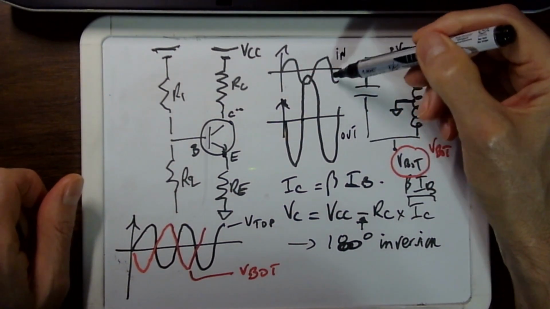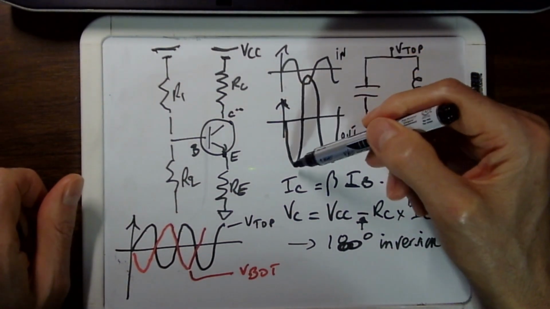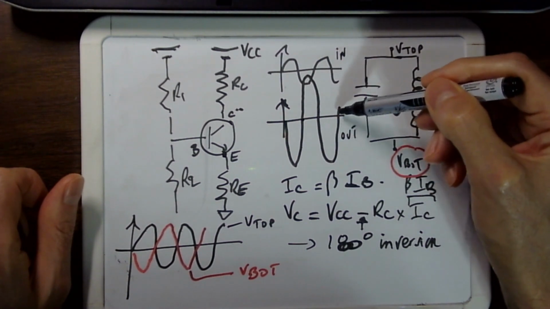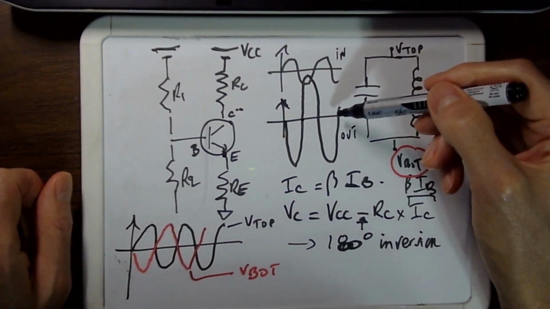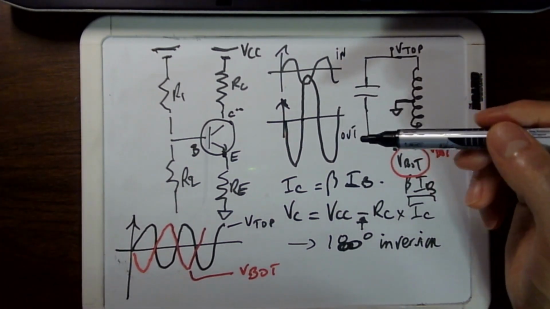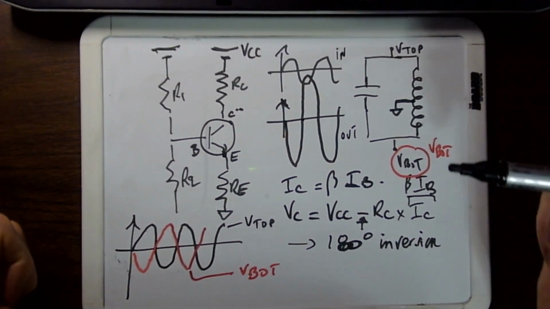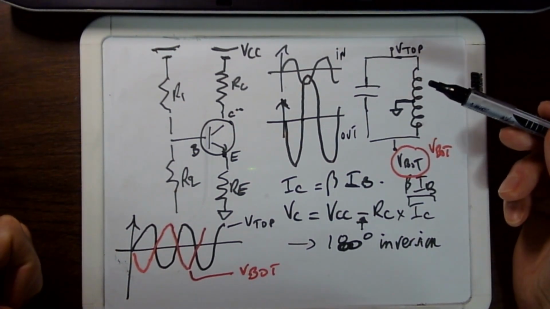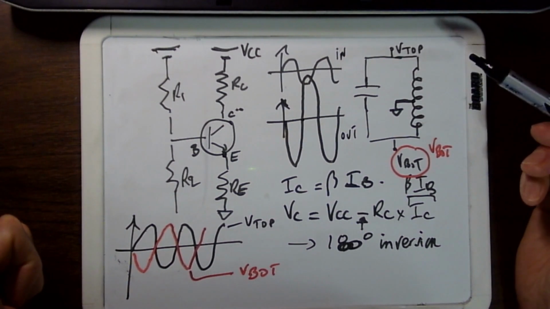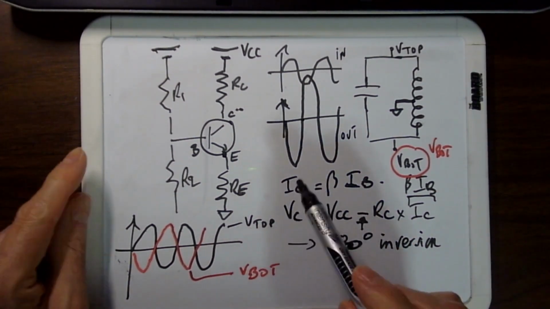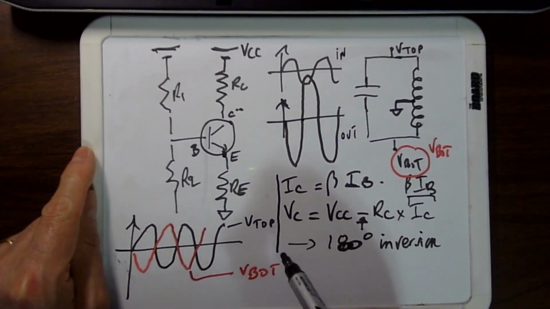Input sine wave like this, and it gets amplified, and you have a 180-degree phase inversion. So that's one 180-degree phase inversion. Actually, you can explain it here pretty easily.